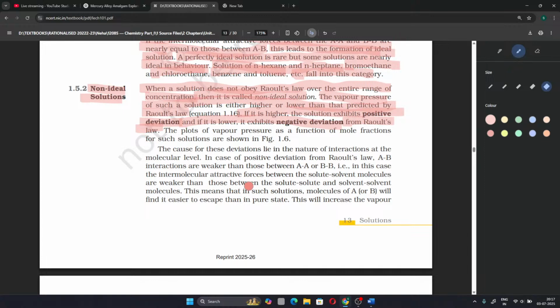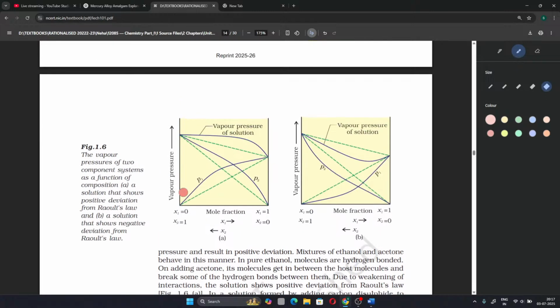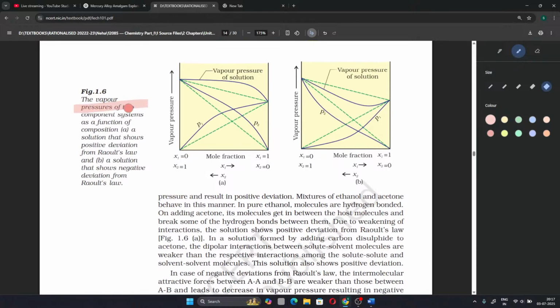The plots of vapor pressure as a function of mole fractions for solutions are shown in figure 1.6. The vapor pressures of two component systems as a function of composition. A, a solution that shows positive deviation from Raoult's law.